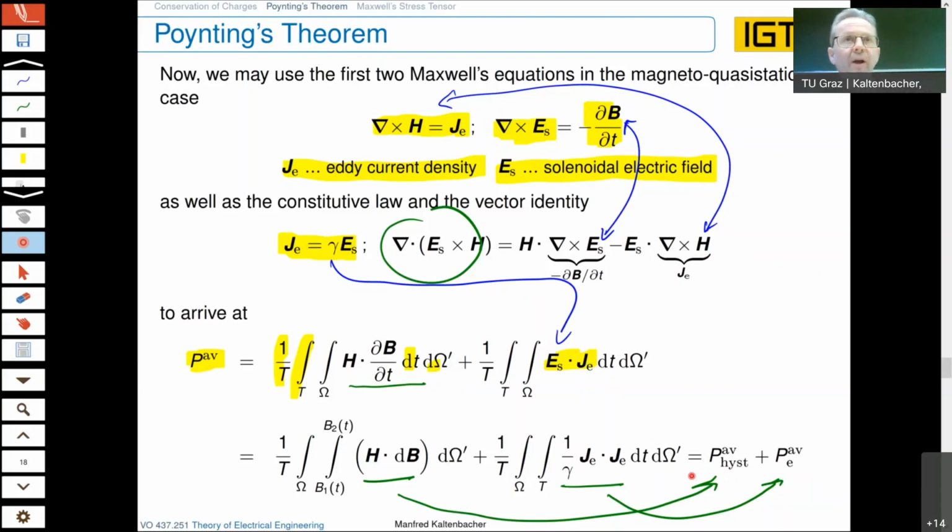Because we have AC current, we always magnetize plus minus, and you always go along your hysteresis curve. The area enclosed by these hysteresis loops is directly proportional to the losses you have.